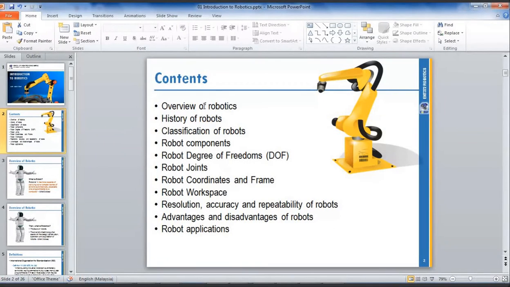Okay, in this course, you have about 4 or 5 chapters. This is introduction, and then we go for kinematic. Kinematic will take quite a long time. We take about 5 or 6 weeks to complete kinematic, because in kinematic you have two methods.